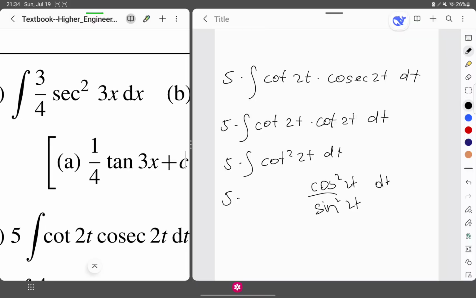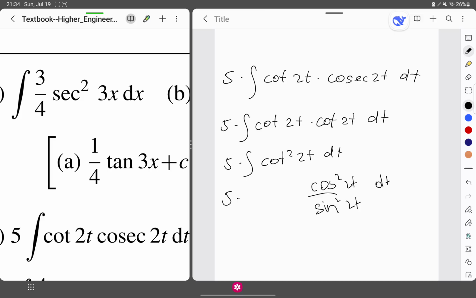Okay, cot 2t times cosecant 2t. Now I got really confused, by the way. I think I made a mistake here.